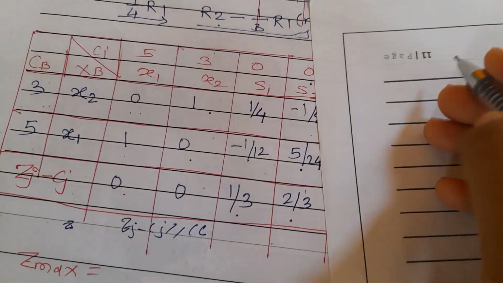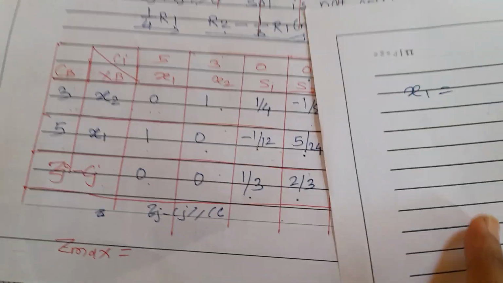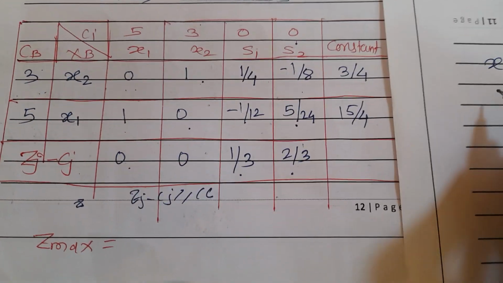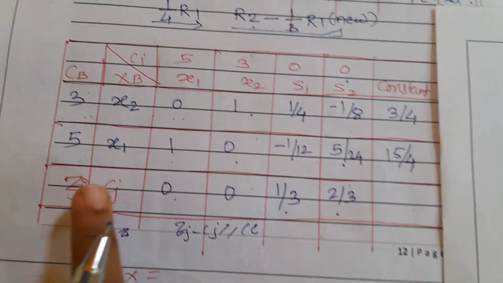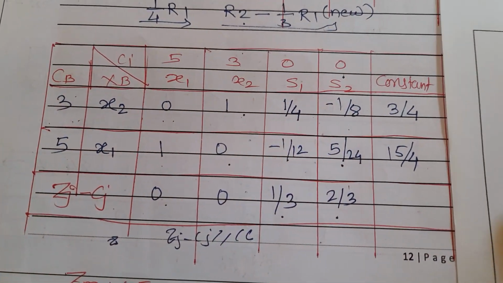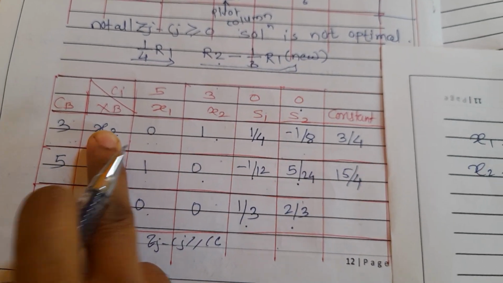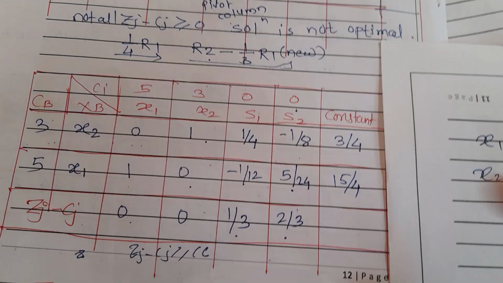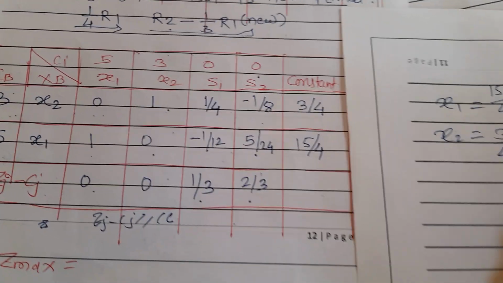Therefore, we want to write our z max. How to calculate it? Write the value of x1 and the value of x2. x1 equals 15 by 4 and x2 equals 3 by 4, the value of the constant.